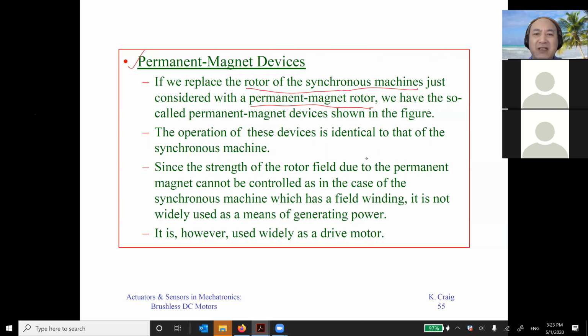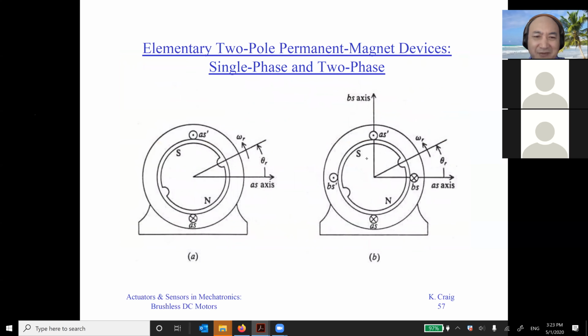Rotation of these devices is identical to that of a synchronous machine because the reluctance will be minimized if you turn. If we don't turn, there's a force to drag you. Now you see, because this is a permanent magnet, you have S and N.